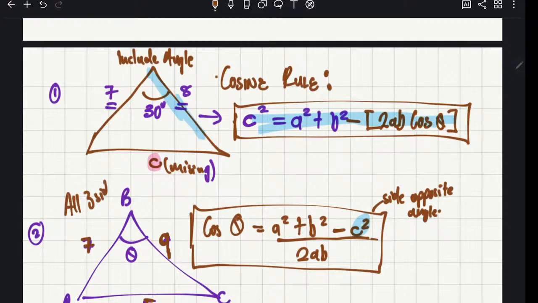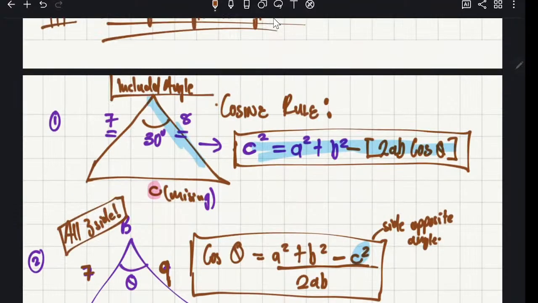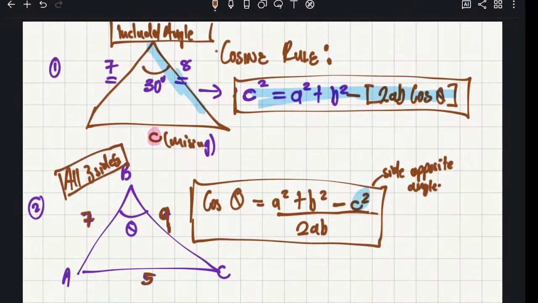When you are given an included angle and when you're given all 3 sides: included angle, cosine rule. All 3 sides, cosine rule. So you've written it down. We're going to do questions together. Then when you master it, what's left is the sine rule, and you're done. Okay?